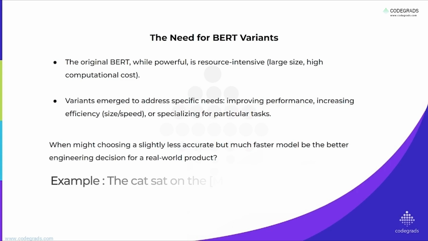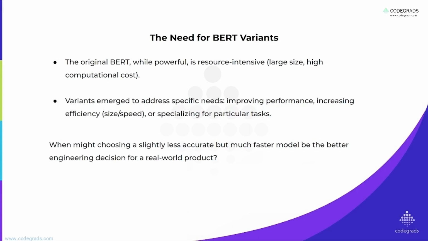For example, we have "the cat sat on the" and we have masked the last word, and then BERT will predict that the word we are trying to say is mat. So this is masked language modeling, and the second one is next sentence prediction, where given two sentences, BERT predicts if the second one logically follows the first. So that is also the working of BERT.